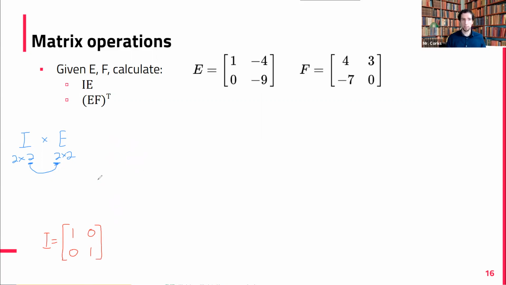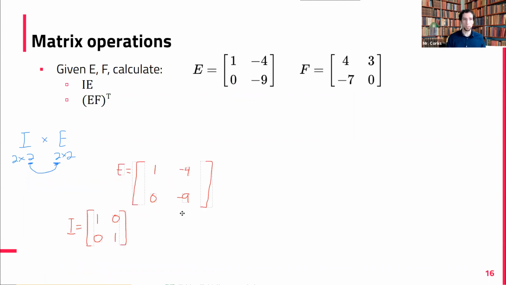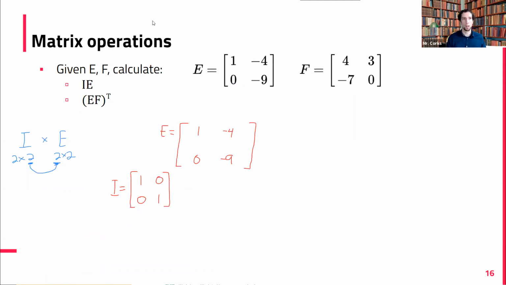Okay, so that's the size, but what about the contents? What will we notice about it? It's the same as the original one, I guess. Which original one? The E matrix. Okay, so if we do this multiplication operation, our results will be E. So I times E will still just equal E at the end. All right, let's try that and we'll see what happens.